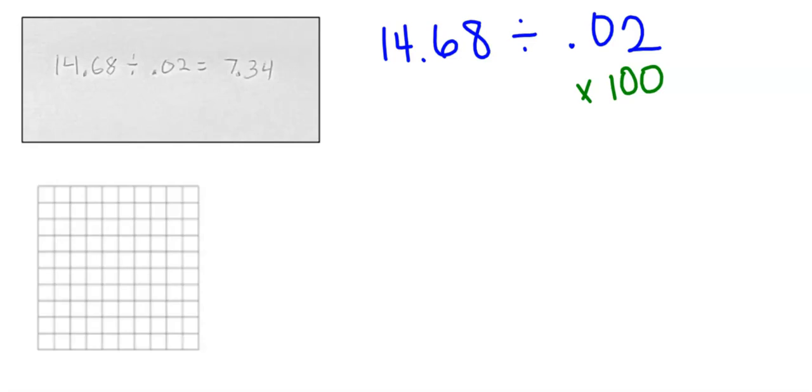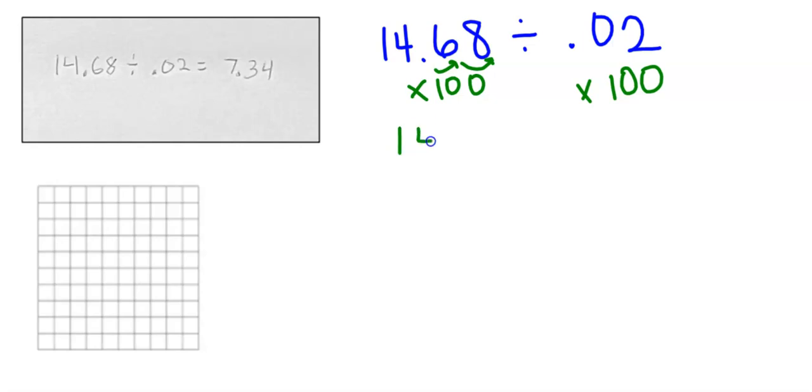Well, anything that I do to the divisor, I have to do to the dividend. So if I multiply the dividend by 100, that means it is going to get 100 times larger. So if I multiplied it by 10, it's going to grow 1 time, but if I multiply it by 10 again, which would be 100 total, it's going to grow again.